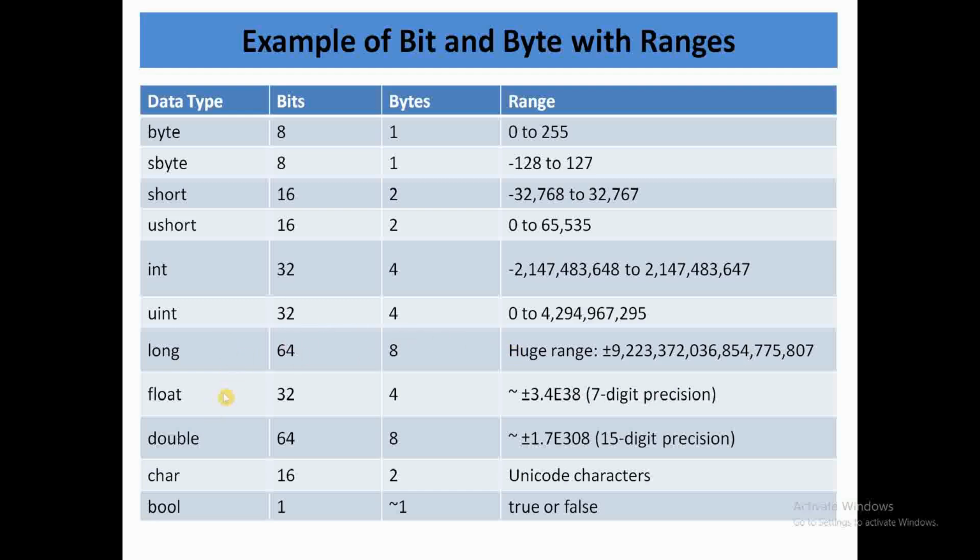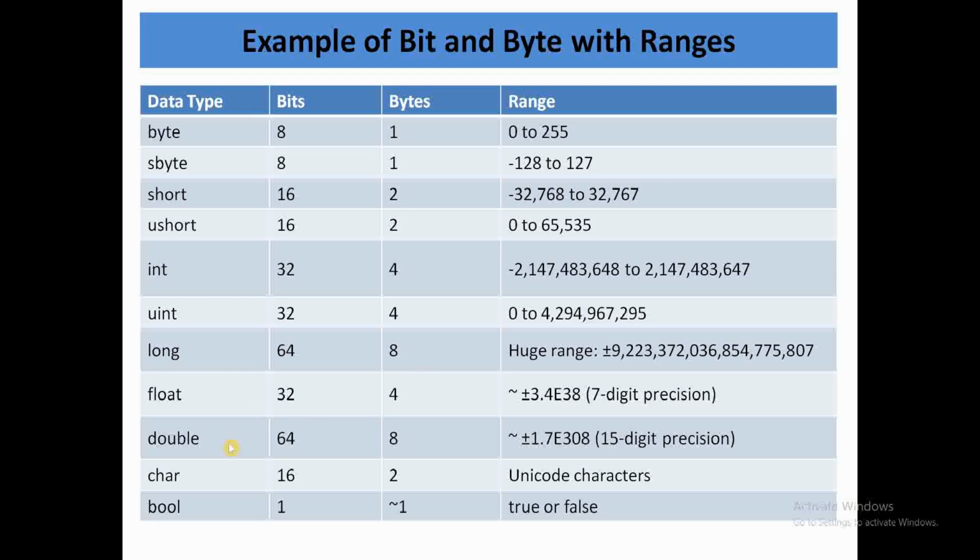Then we have the float data type, where we have 4 bytes and the same 32 bits as with integer values, and this is the total range of this float data type. As I already said, it considers 7 digits of precision in float.